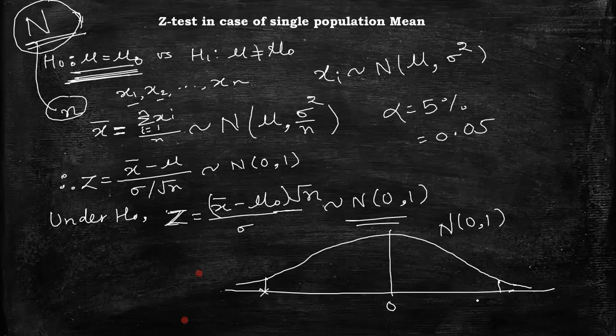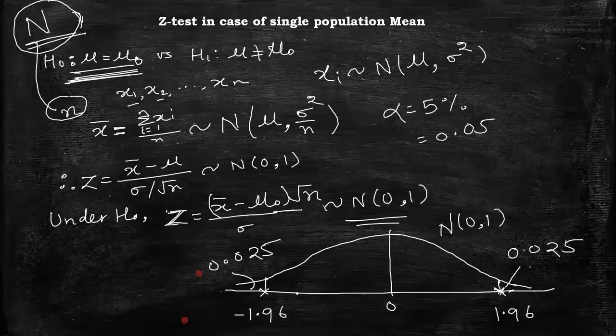If it is going too far away from 0, then we are not going to support H naught. We'll be going in favor of H1. So this is alpha by 2, meaning 0.025. This area is 0.025, and in the normal table it is 1.96, and here minus 1.96.